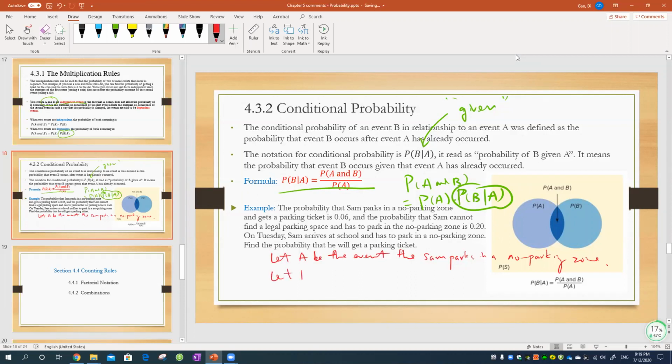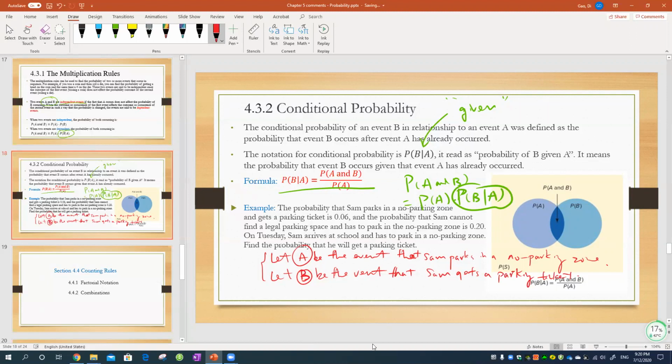And let B be the event that Sam gets a parking ticket. So we use these two capital letters to represent two events. Then let's see what we can translate for that whole paragraph.